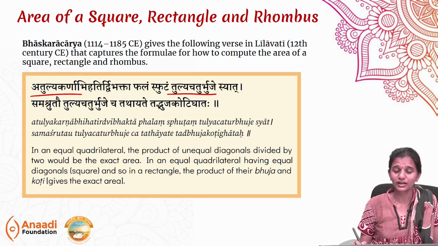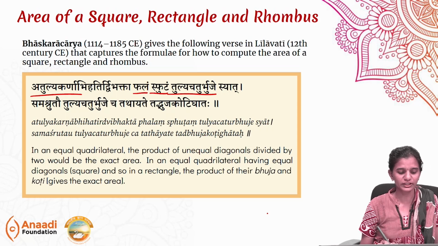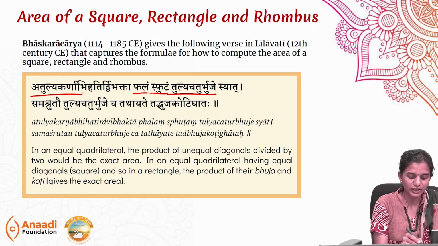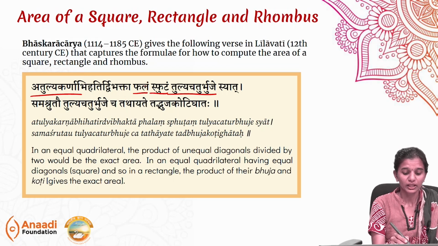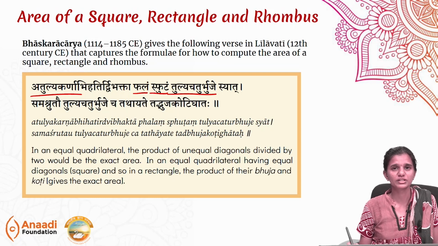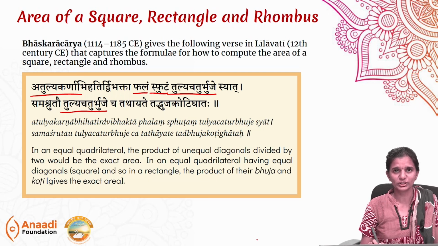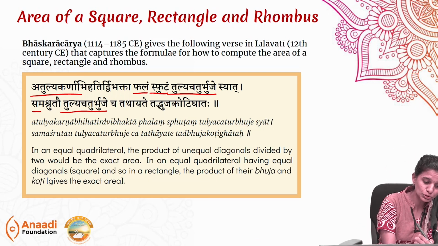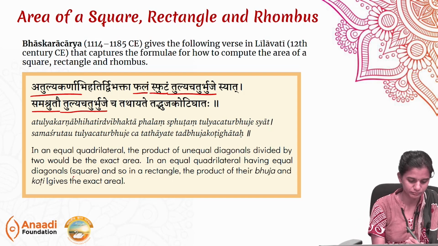And what is the area, that is sphutam phalam? What is the exact area of a rhombus? It is atulya karnabhi hatihi, that is the product of the diagonals dvibhakta, and it is divided by 2. In the first half of the verse, the area of a rhombus is given. In the second half, he talks about tulya chaturbhuja, that is a polygon with 4 equal sides, and it has samashrutau, that is the diagonals are also equal, which means it is a square.